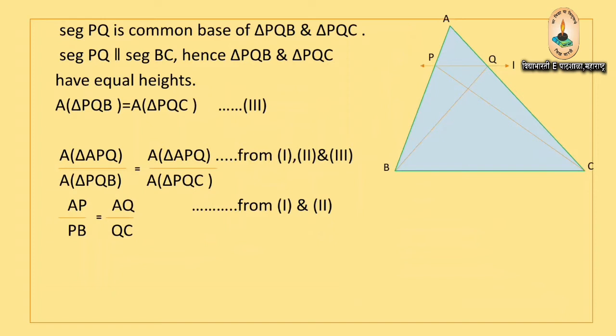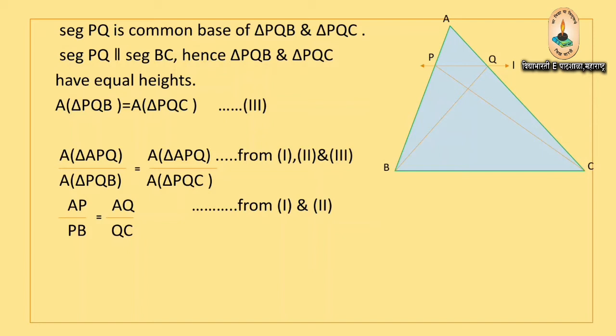Now observe the triangle ABC. Here triangle PQB and triangle PQC, these two triangles have the common base, which is segment PQ. Also, segment PQ parallel to segment BC, and therefore triangle PQB and triangle PQC have equal heights.